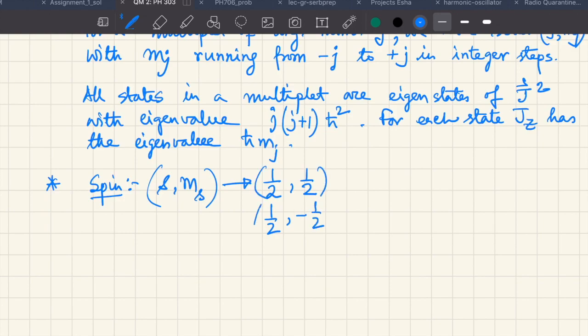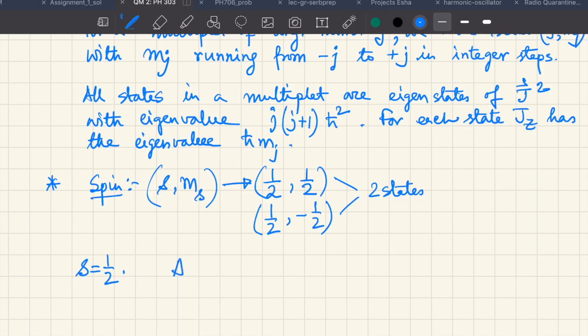This means there are two such states. Now orbital angular momentum can take any values like 0, 1, 2, 3, 4, but spin has only one value, which is s equal to half. So correspondingly ms can be plus or minus half.